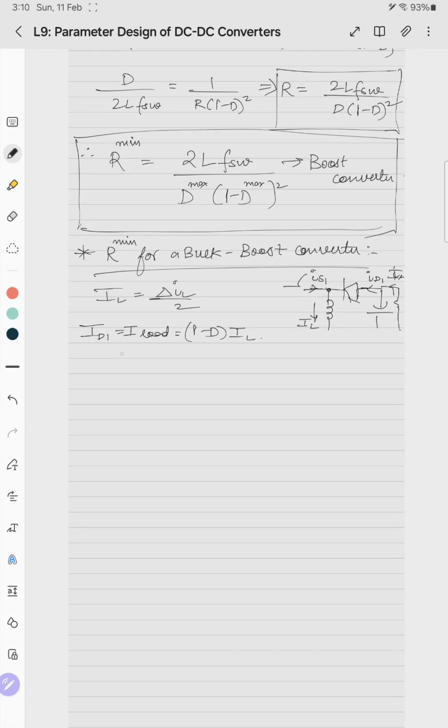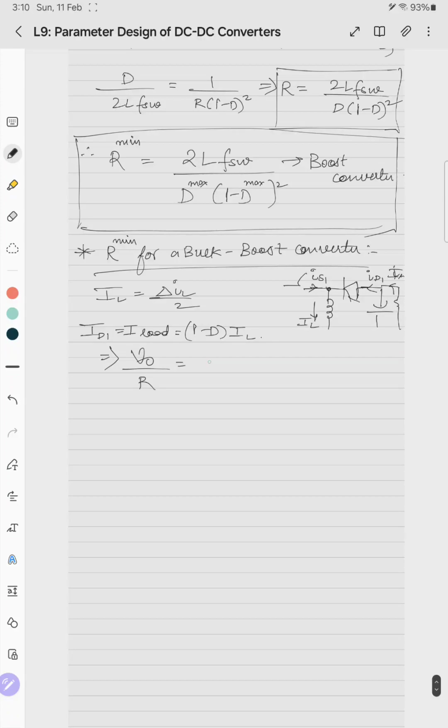Or you can write I load as V0 by R, now we are taking mod of everything, don't put the sign. So I load is V0 by R equals 1 minus D into IL, which can further be written as D by 1 minus D into V in by R. This is the correct expression.